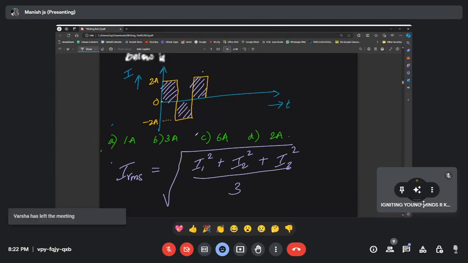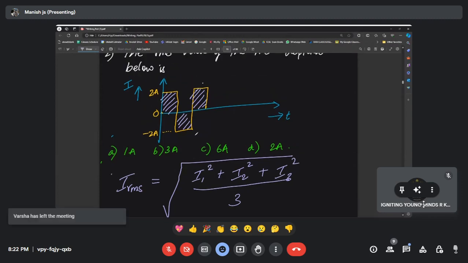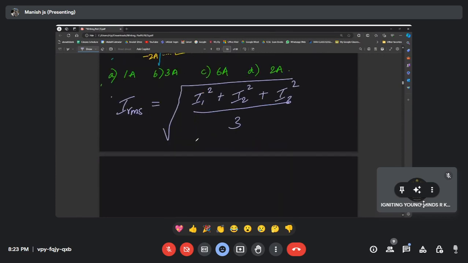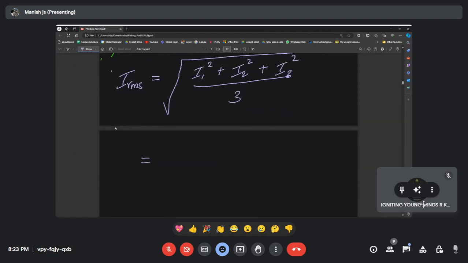Whenever you have a graph, please keep this in mind. So there is a positive half, negative, and positive. 3 things are there. So positive, that is I1 I have taken. Then second part, negative, I have taken it as I2. Then third, positive again I3. Then you will go and substitute. Now you substitute the values. What will be your answer now? It's totally different. So what is I1?